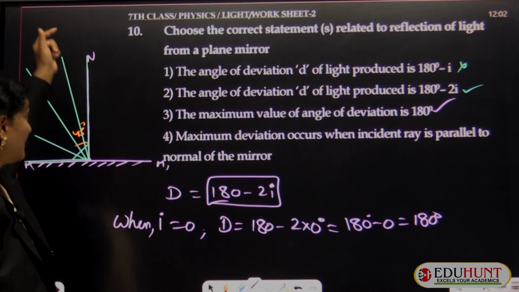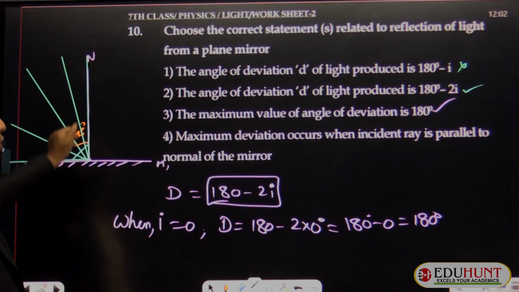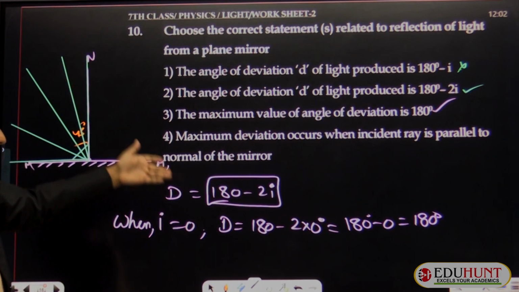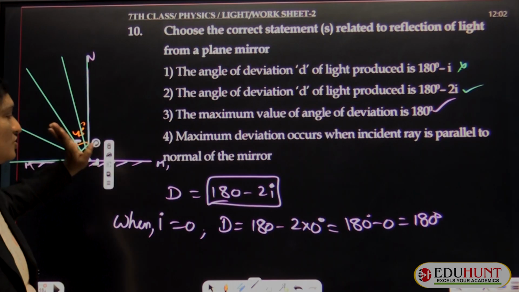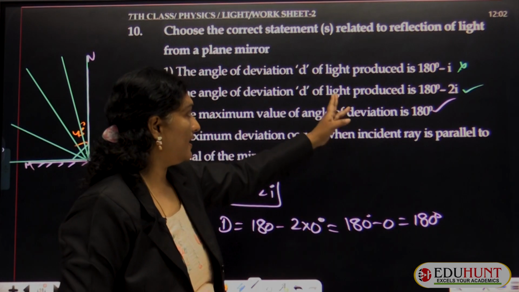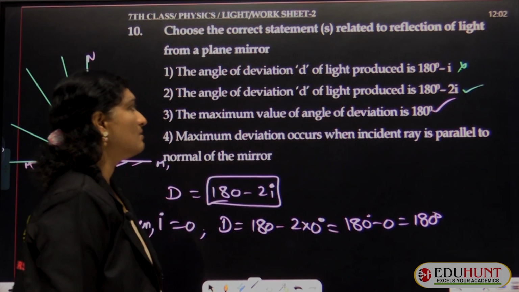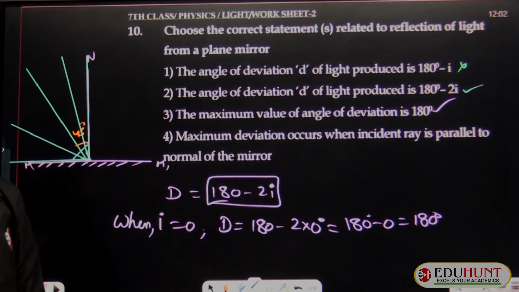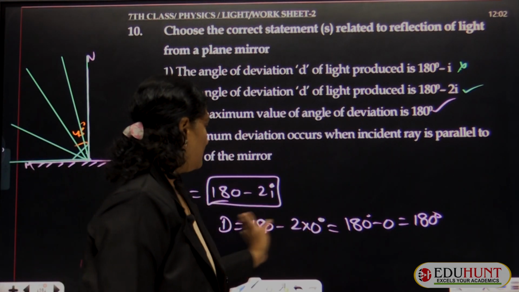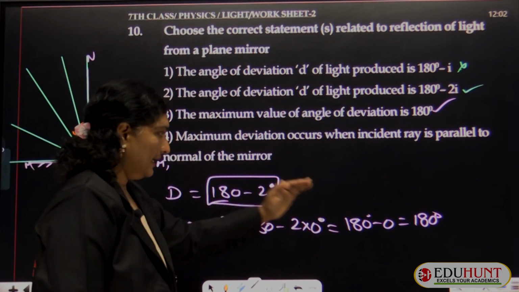So, a light ray can be directly incident along the normal, and again the light is reflected back along the normal itself. So, I can be 0. When I is equal to 0, deviation is observed to be 180 degrees. Hence, of course, the maximum value of angle of deviation must be 180 degrees. As the value of I increases, the value of D decreases.